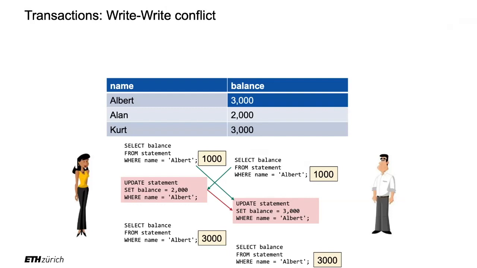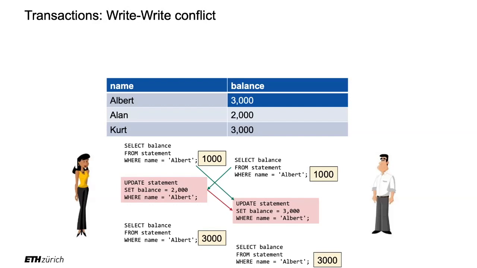If Alice first writes 2,000 and then Bob writes 3,000, this is called last write wins, right? Whoever is last to write has the final result. So since Bob was the last one to write his update, 3,000 is what is going to remain in the database, and 2,000 got overwritten. If we swapped the two and Bob would write first and then Alice, then we would have instead 2,000 in the database. So we have a write-write conflict.